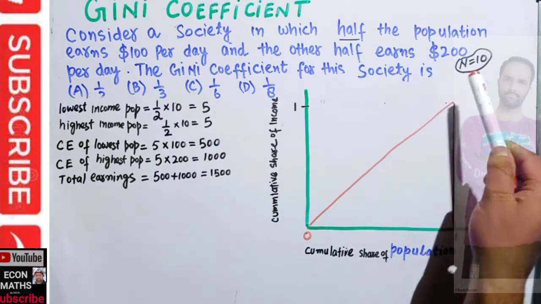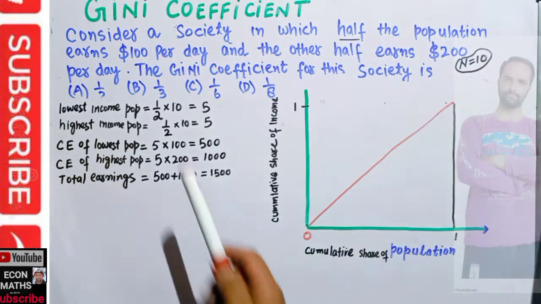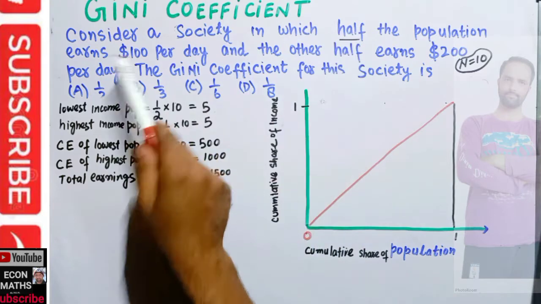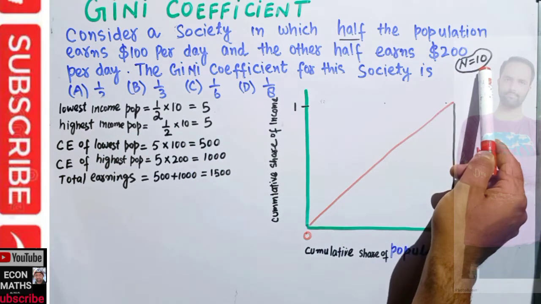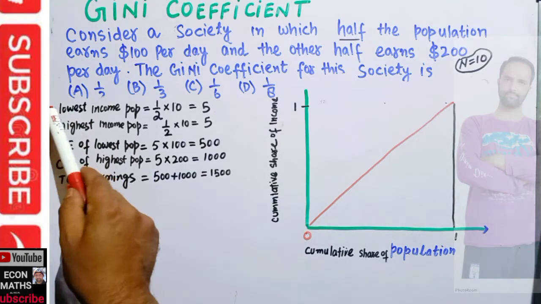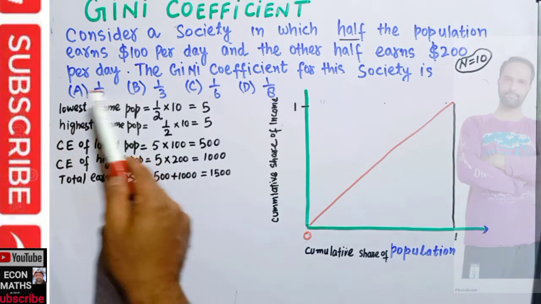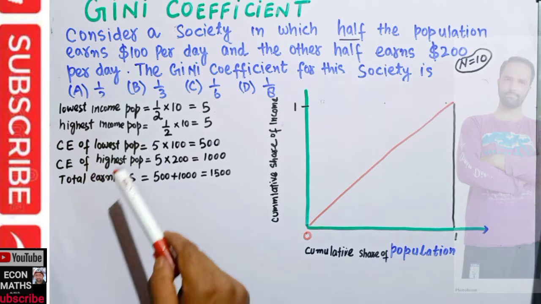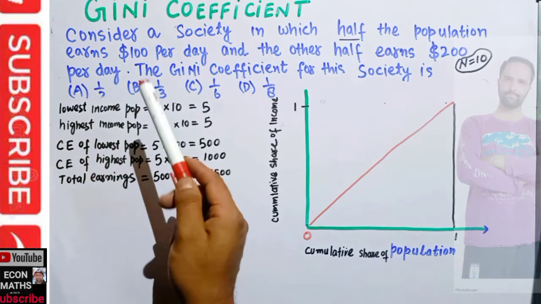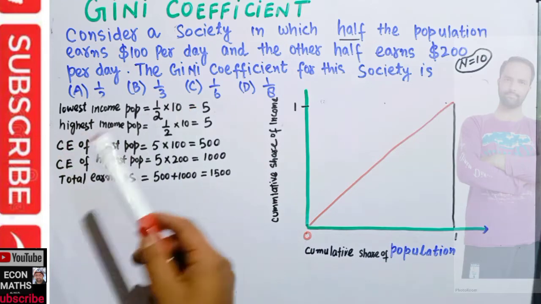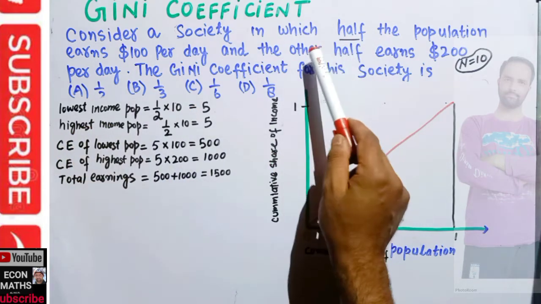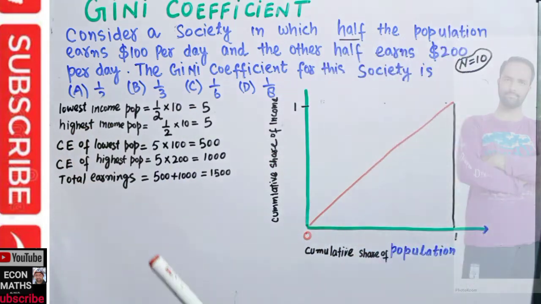I have just assumed we have 10 people in the society, and we are told half the population earns $100. Then the lowest income population, the very population which earns $100, will be 50% of the number of people, which is 5. By the same logic, we are told the other half earns $200.